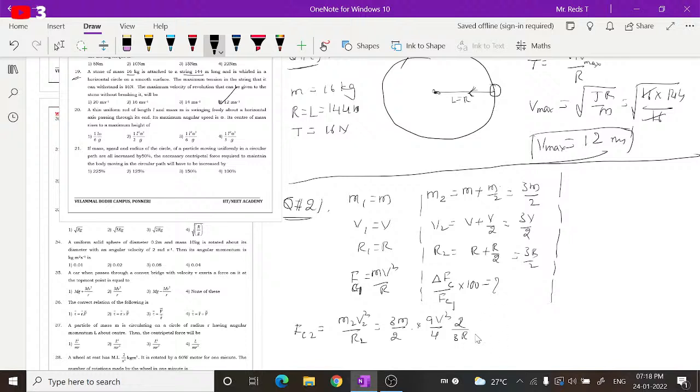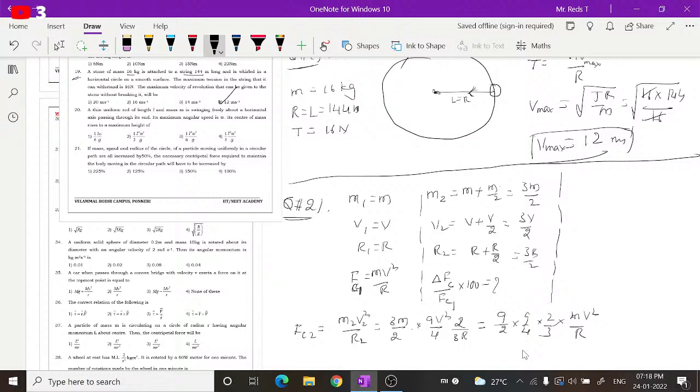So how can you write this then? FC2 is equal to 3 by 2, 9 by 4, into 2 by 3, 2 by 3 into mv square by r.